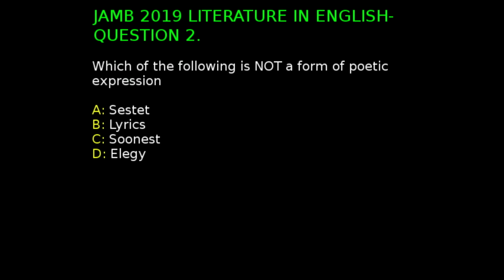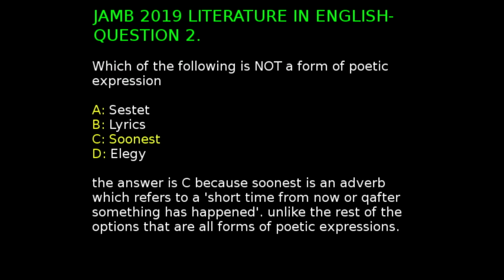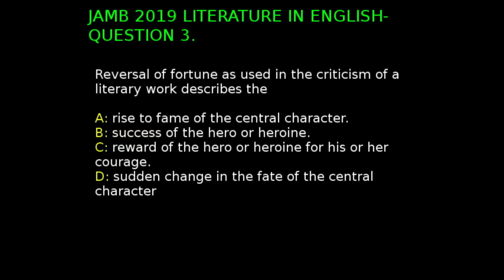And finally, D, which is an elegy, can be defined as a poem that is dedicated and used to mourn the dead. Having defined the four options, the answer therefore is C, because soonest is an adverb which refers to a short time from now and after something has happened, unlike the rest of the options that are all forms of poetic expressions.